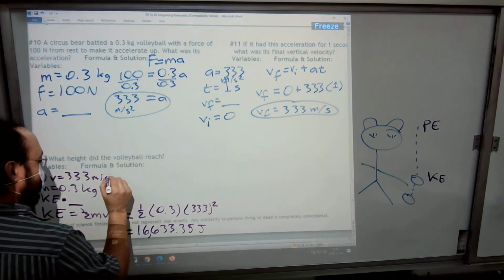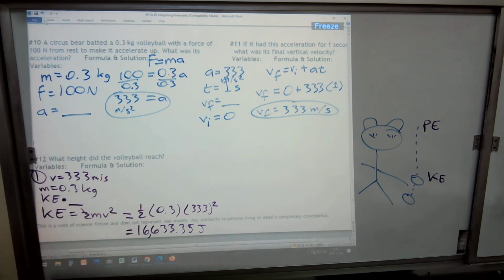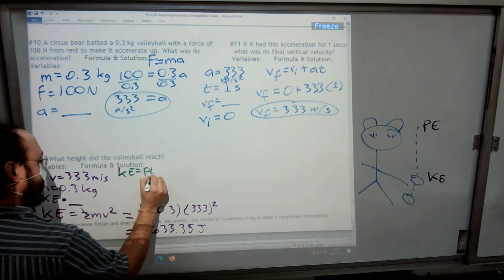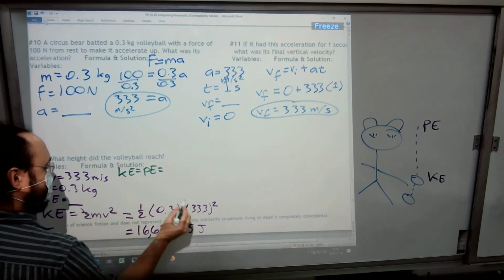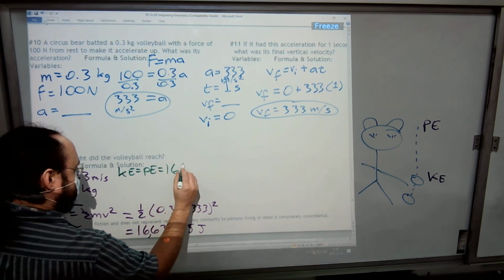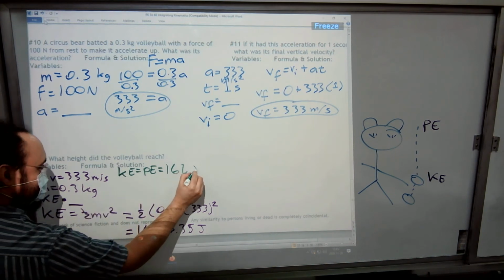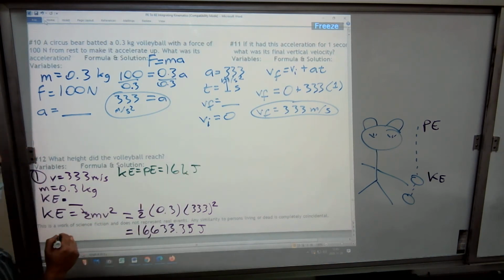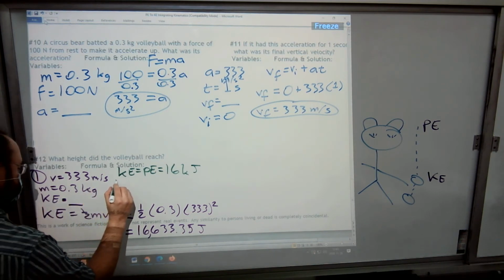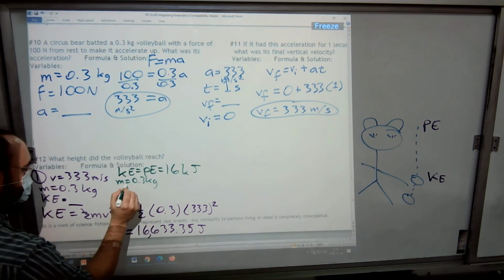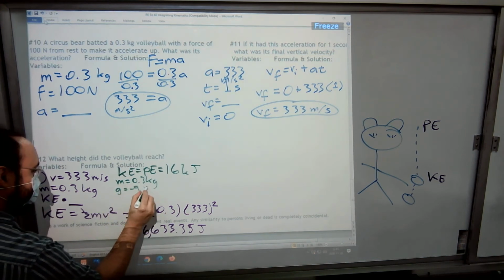So now I can plug that in. I'll use the green marker now. That's going to all translate into PE. So I've got that much. I'm just going to write 16K instead of that big number. 16 kilojoules. The mass is still 0.3. Gravity is negative 9.81.